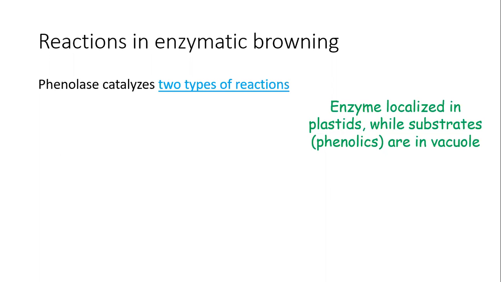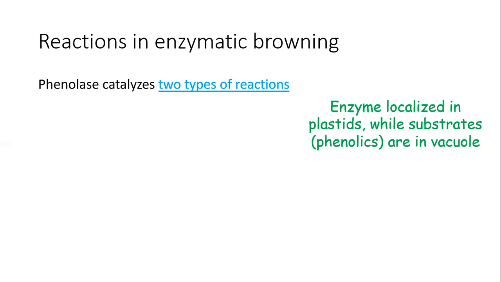Polyphenol oxidase catalyzed reactions can be categorized into two basic reactions: hydroxylation followed by oxidation. Usually in plant cells, this enzyme is localized in plastids, while the substrate, the phenolic compounds, are in the vacuole.